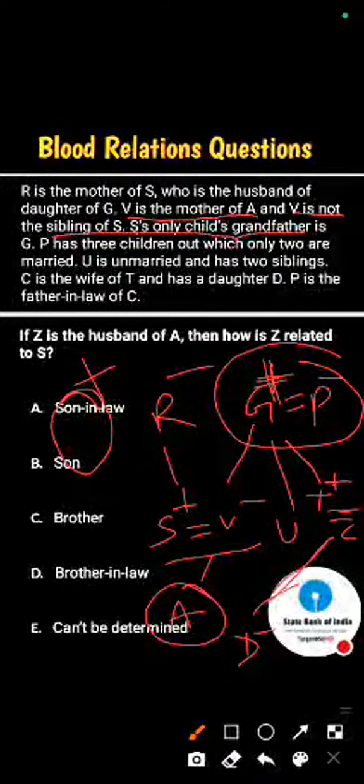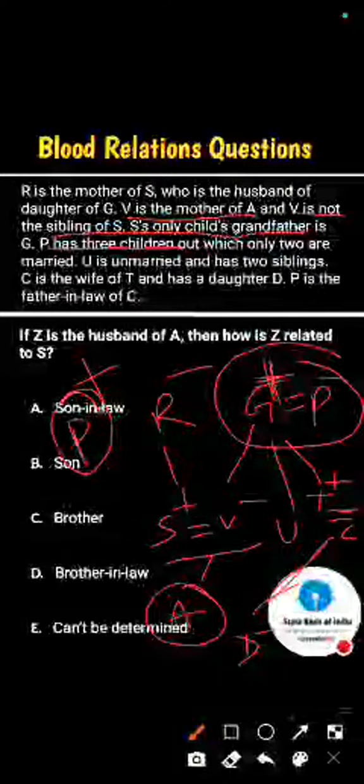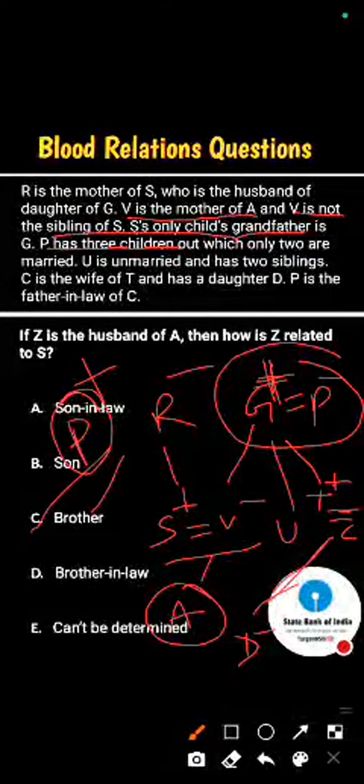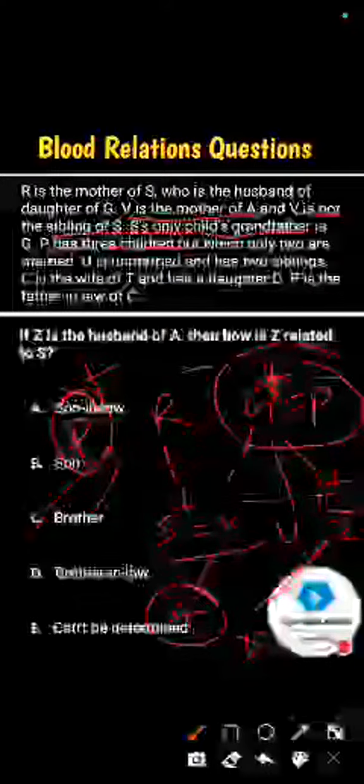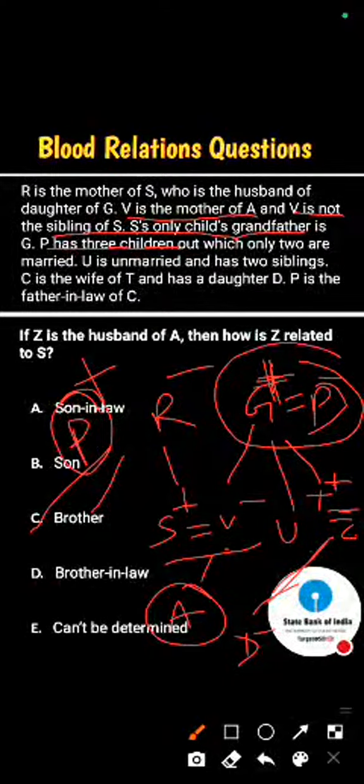Okay. P has three children. So if we take P here, then we need to have three persons as their children. So I take P here and take three children.